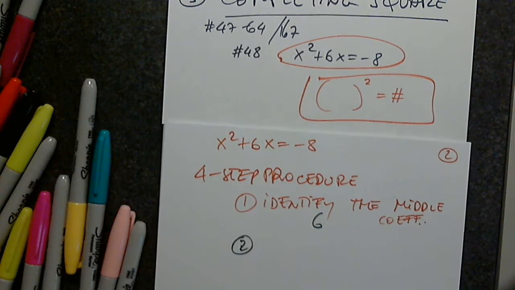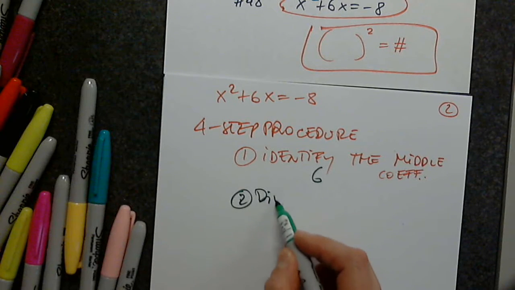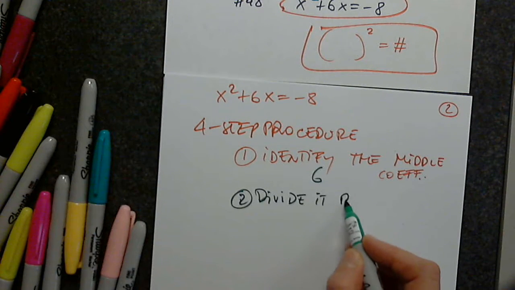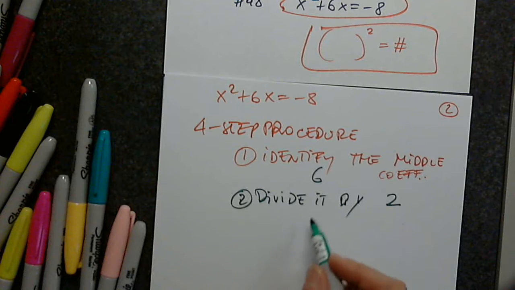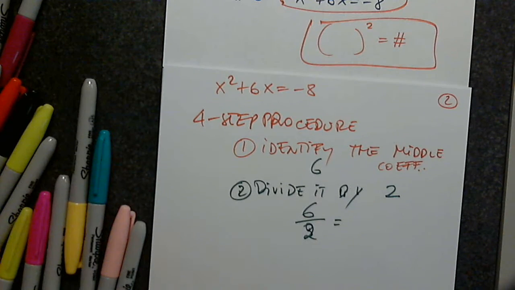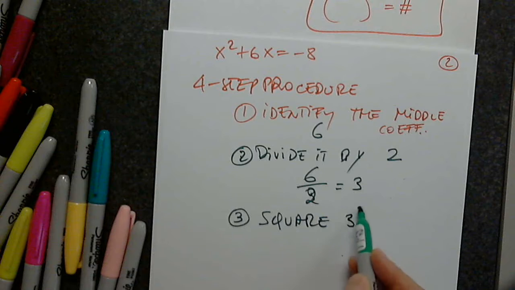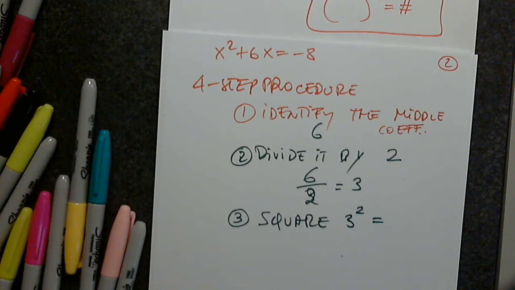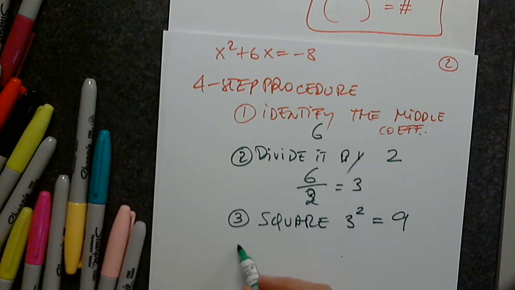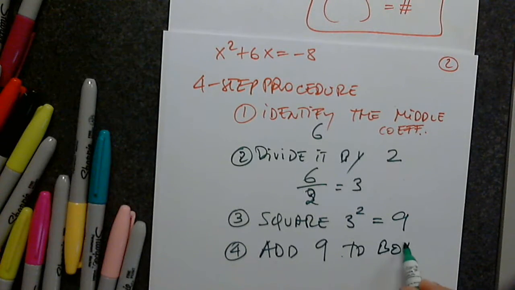In step 2, divide by 2. How much do I get when I divide 6 by 2? Excellent. In step 3, square 3. What do I get when I square 3? 9. Excellent. Final step, add 9 to both sides in order to complete the square.